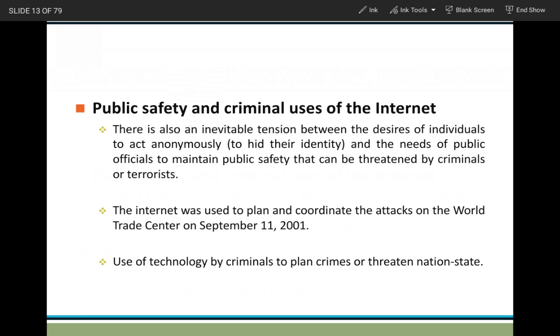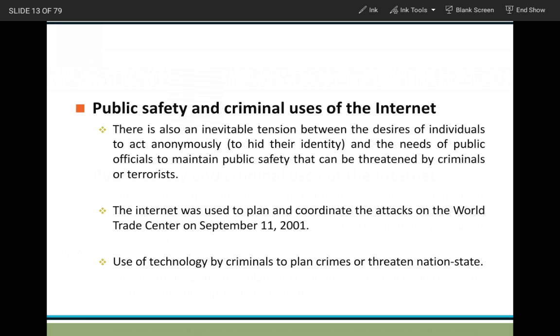This creates difficulty in the minds of ordinary consumers, because you are asked for too much of your personal information. You cannot keep your identity a secret. You cannot keep your data confidential when you want to enter certain types of websites. That is a sort of discomfort for ordinary consumers.